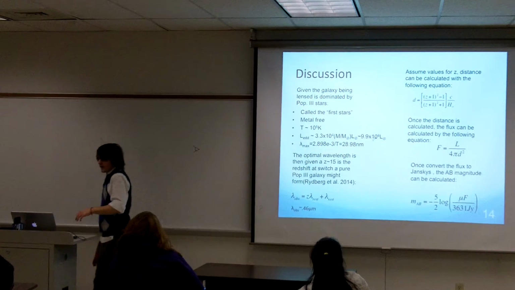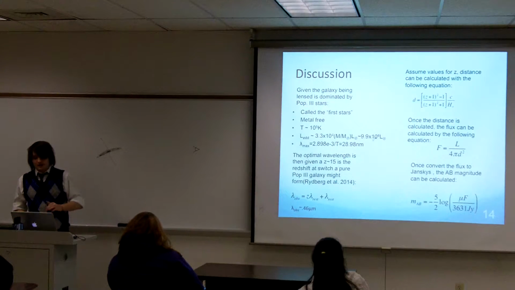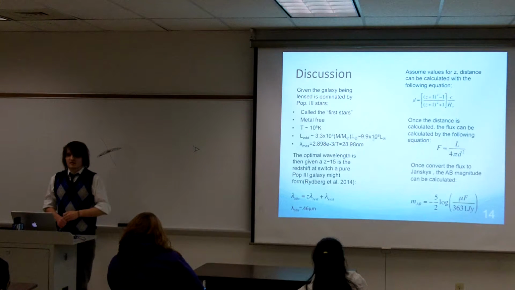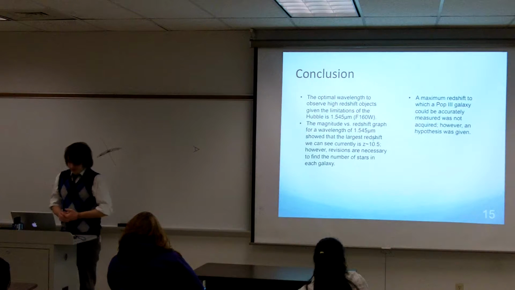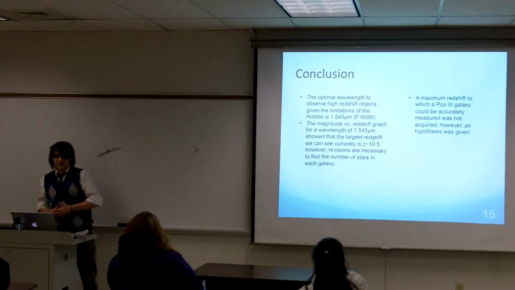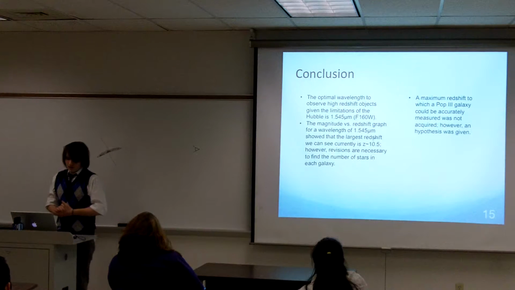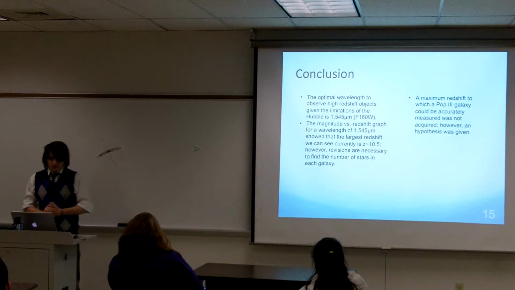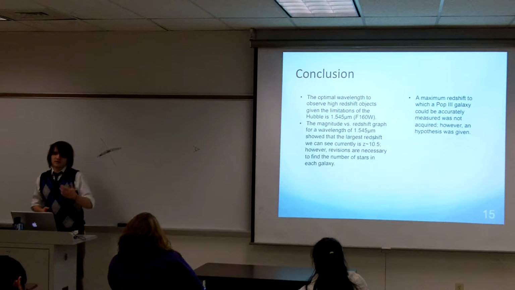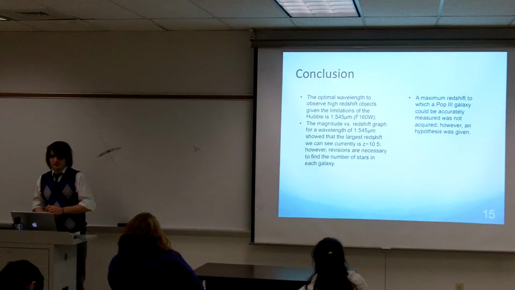So for my future work, I have to go back and look at that and see where exactly I messed up, because I was getting negative magnitudes, which obviously isn't right. So in conclusion, based on the data given, the optical wavelength was found to be 1.545 microns, which is the 160W HST filter.